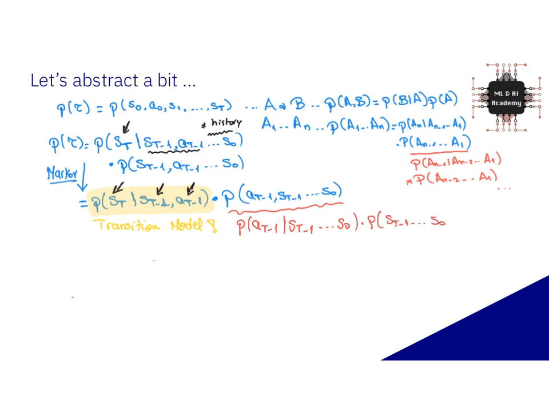All I did here is apply the chain rule once again. So I can factorize this into a_{t-1} conditioned on s_{t-1} up to s_0, multiplied by the joint of the remainder.